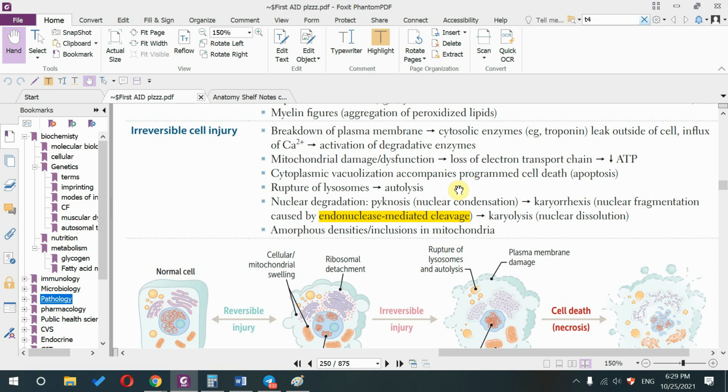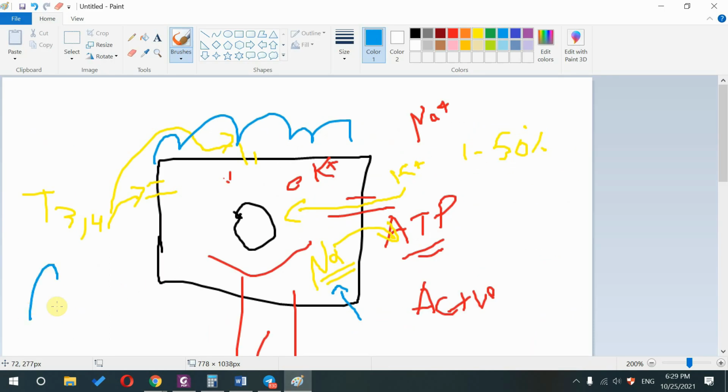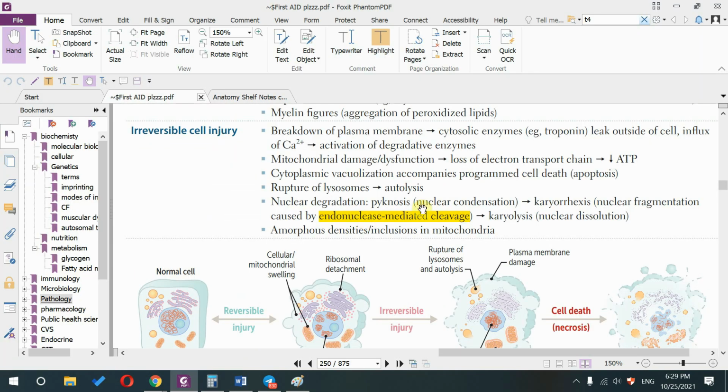For example, yesterday we spoke about how in our fingers during embryology we have these webs, and due to the process of apoptosis, these actually get removed. So this is programmed. You must have this.